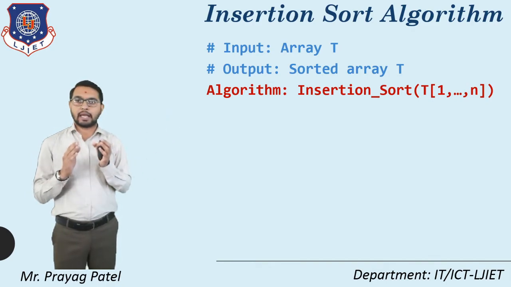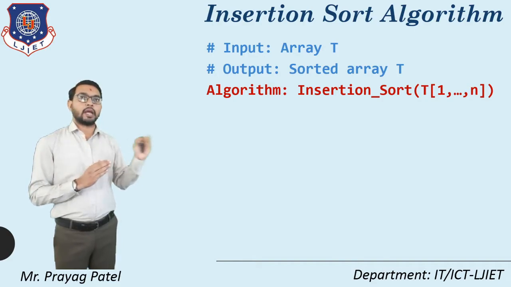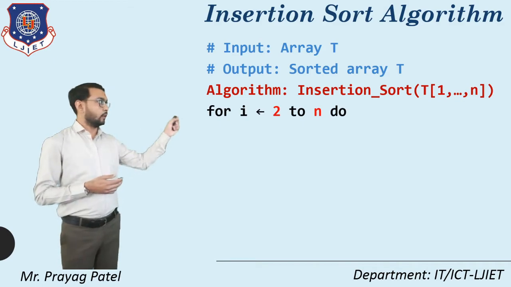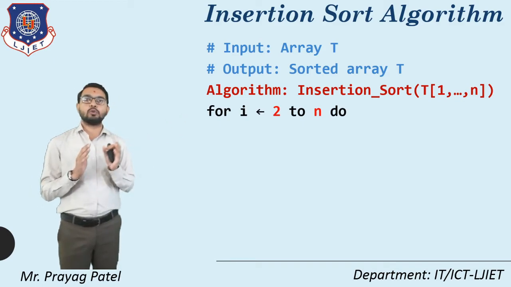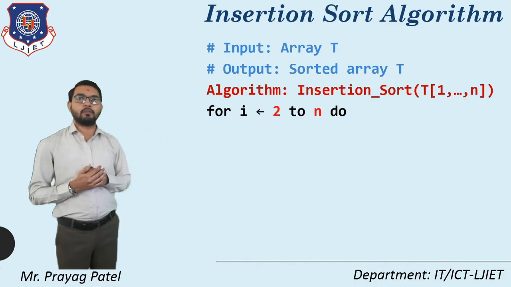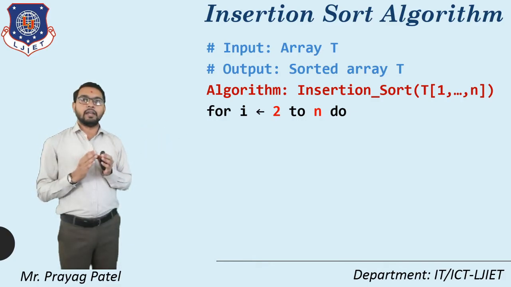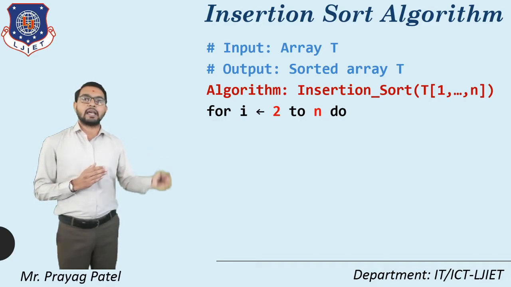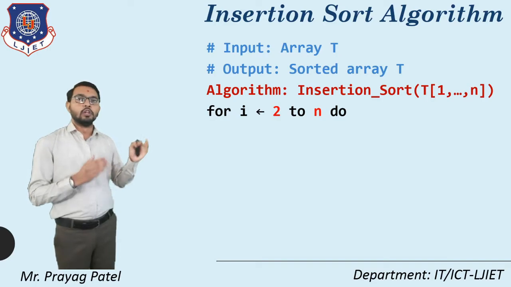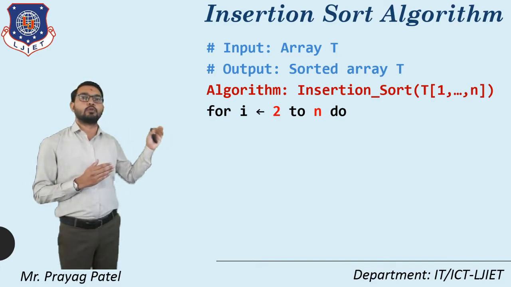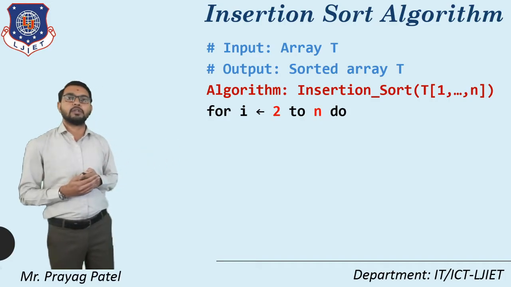T[1 to n] means array T from location 1 to n will be considered as one array T. Now the first loop is for i equal to 2 to n do. Why do we start the loop of i from location 2? Because if there is only one element in an array, there is no need to arrange or sort this element. So your process starts from location 2. So for i equal to 2 to n, you can perform the operation.